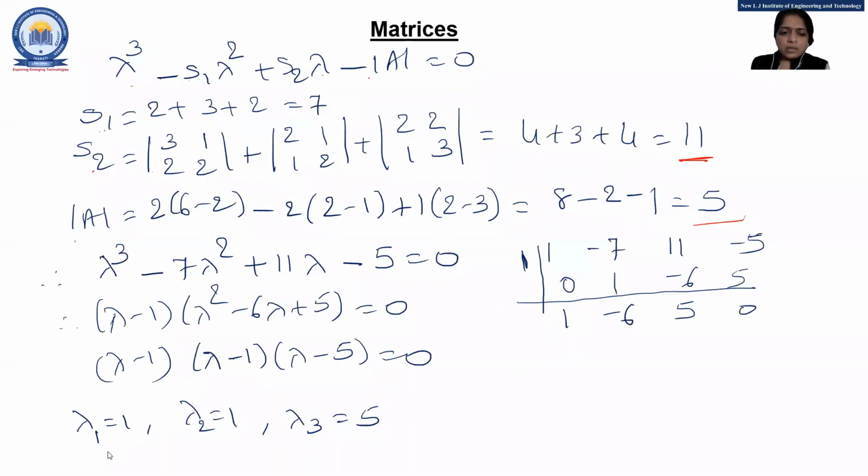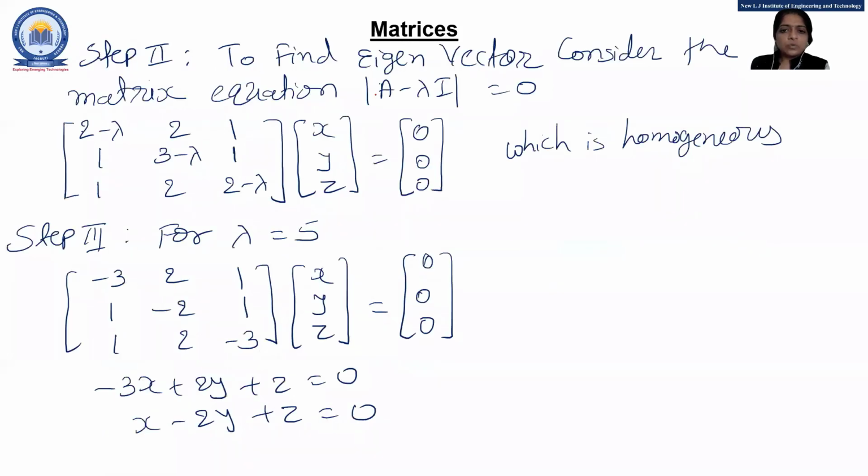Here we get total 3 eigenvalues, 1, 1 and 5. It means 2 eigenvalues are same in this case. So first I am finding eigenvector regarding lambda 3 equal to 5. By substituting lambda equal to 5 in this characteristic equation A minus lambda I equal to 0, I have this matrix.